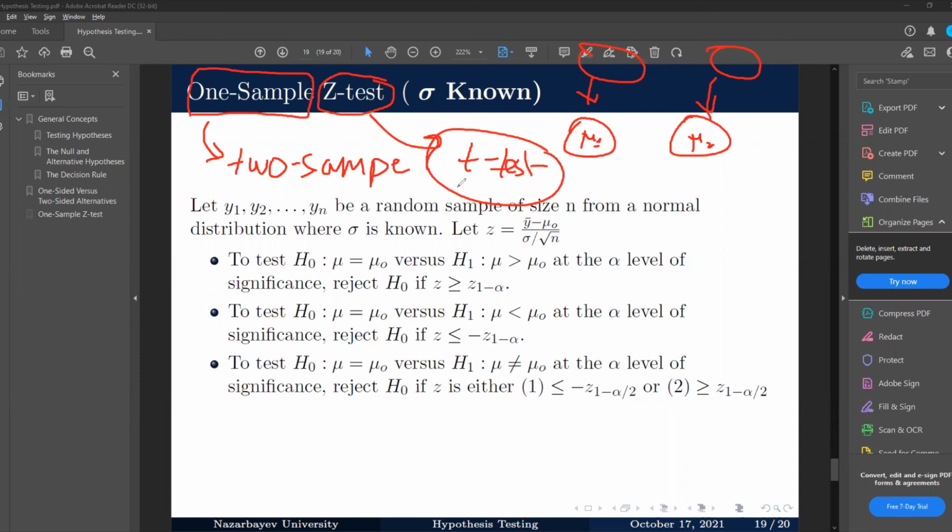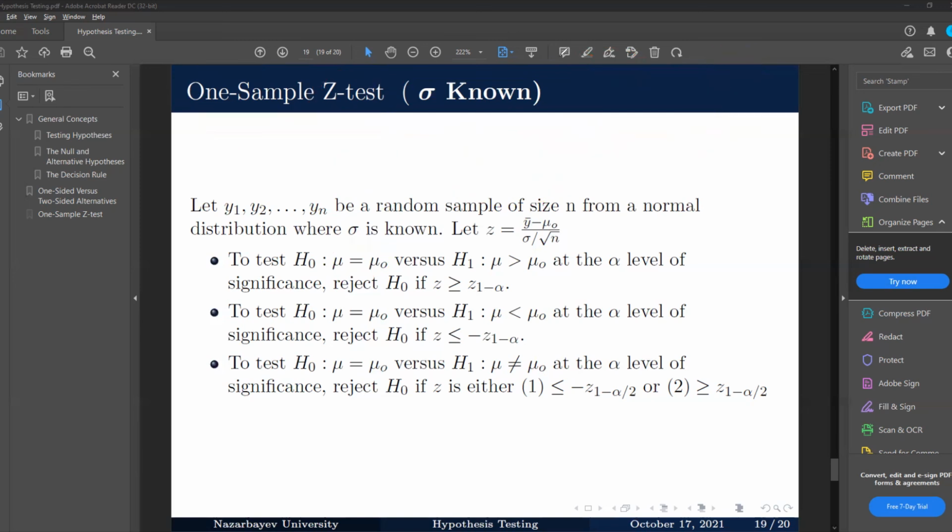If your sample is large, then your t quantiles and z quantiles will be the same, so you are safe if you use the t-test. So we'll mainly be working with t-tests. Also, so this is the one sample z-test for the population mean. Since we were testing hypotheses about the mean, this parameter might change to variance, and we'll consider hypothesis tests for the variance of a population.